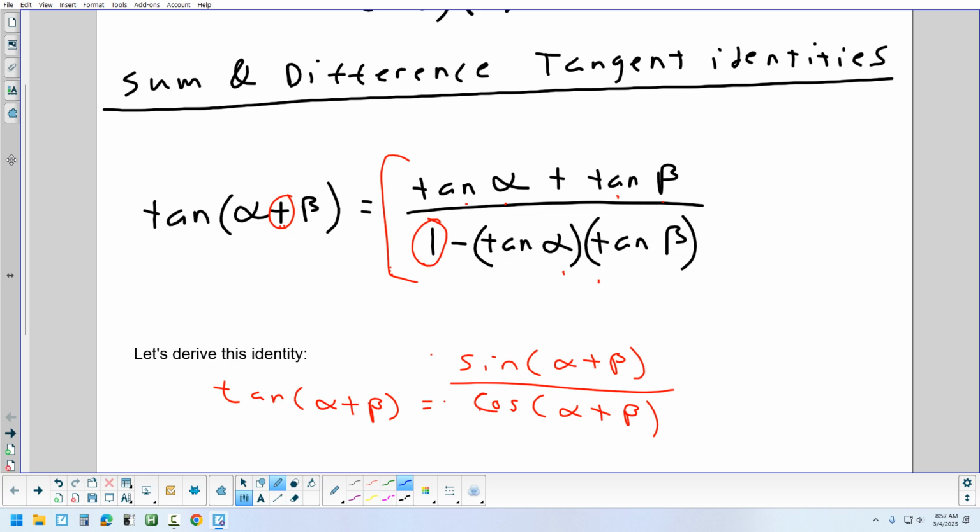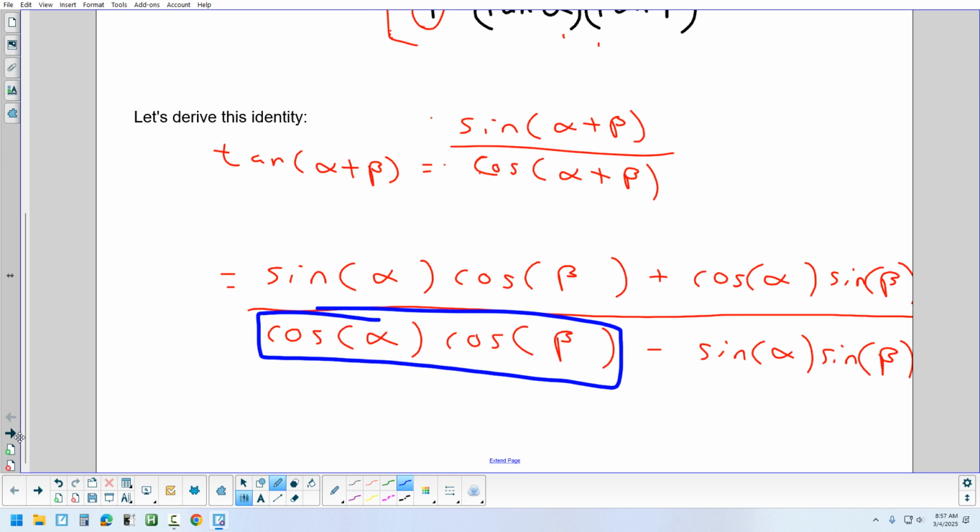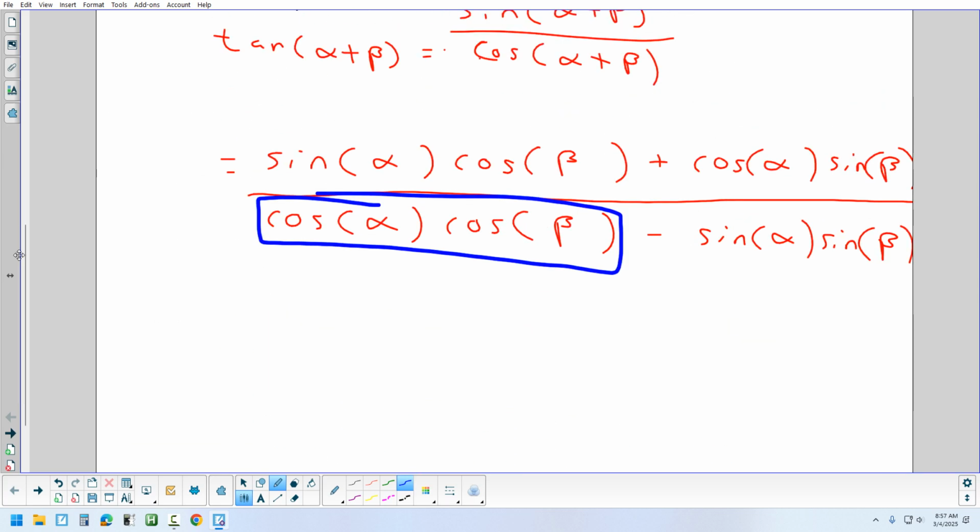So let's see. What would I have to do to make what's in that box a 1? Yep.